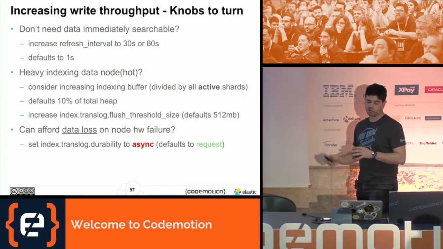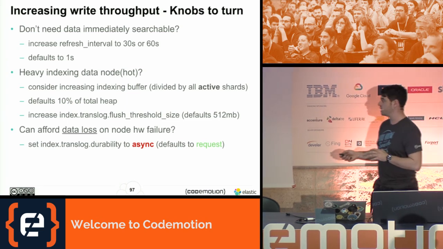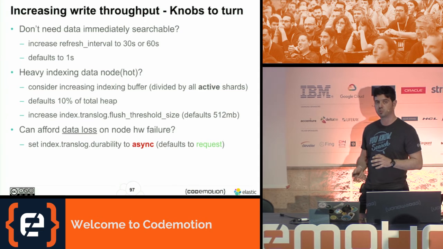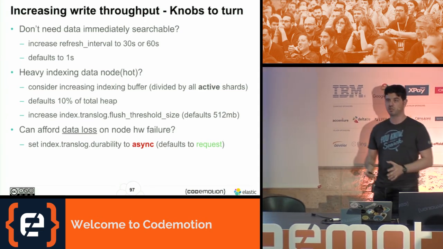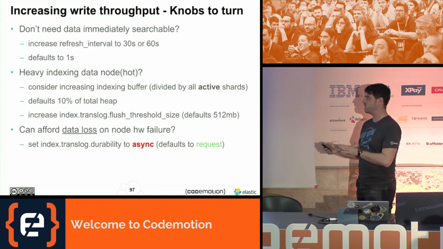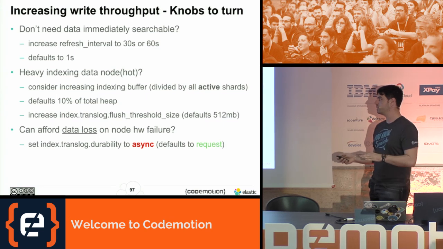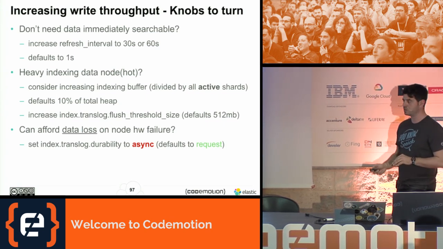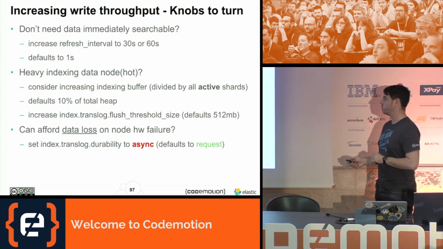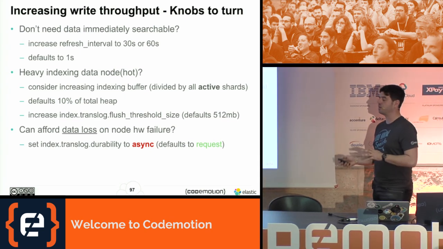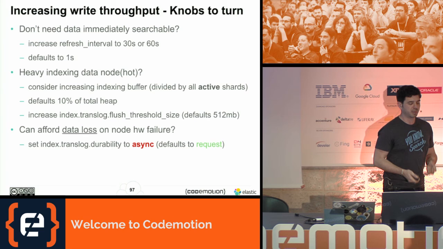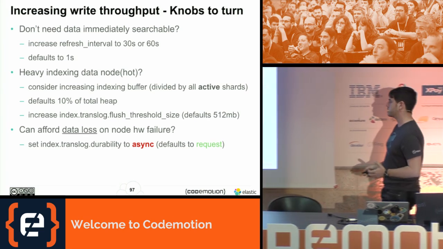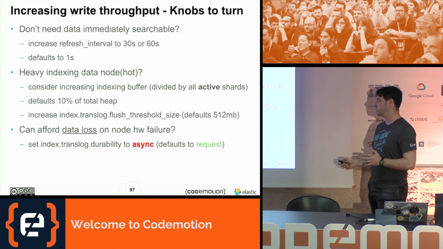If you can afford data loss, meaning if a node goes down, the translog normally is a way for Elasticsearch to recover lost operations if a node went down. By default, it's set to a safe setting. However, if you set the durability of the translog to asynchronous, basically you can have greater throughput because we do fsync to disk not on each request, but on an interval.